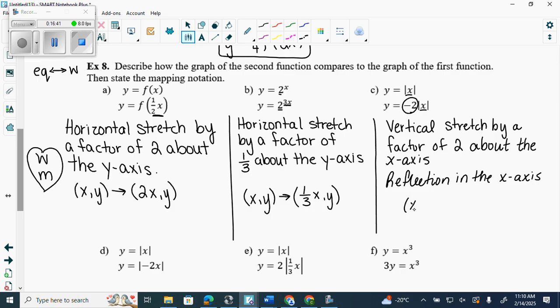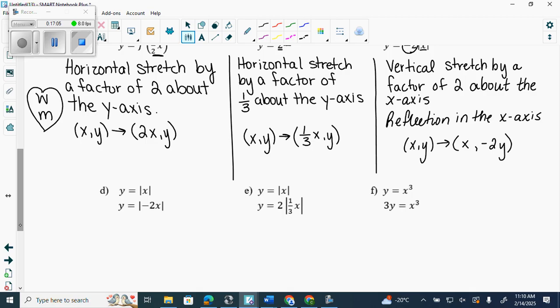So I'm going to get x, y becomes x, comma, nothing affected my x, so my x will stay the same, right? And then -2 is what I need to multiply by. Y's are the best because y's never change. So if you have a -2, you'll have a -2 in everything. Never changes. Y's be awesome.